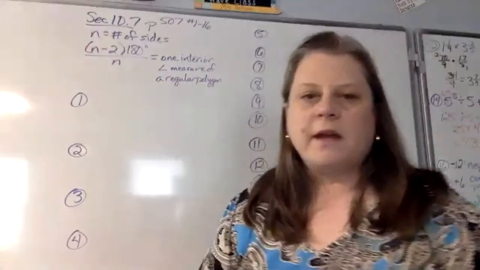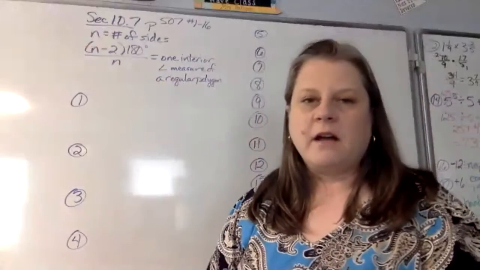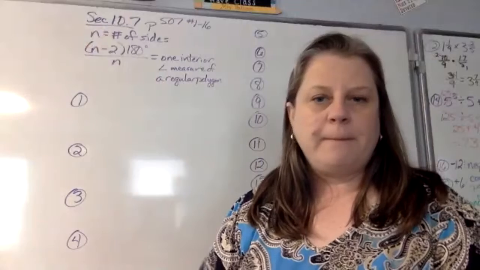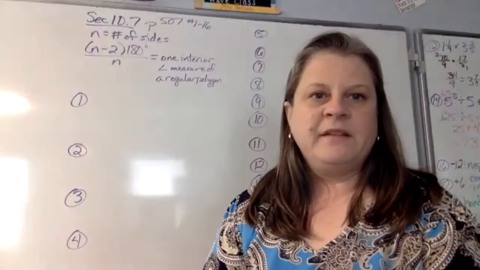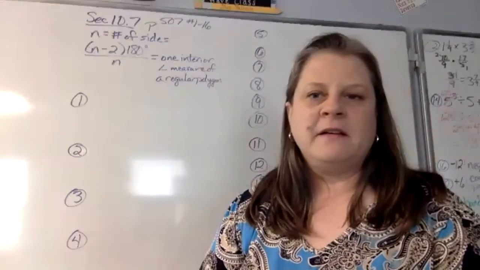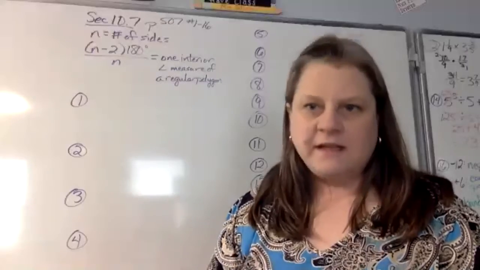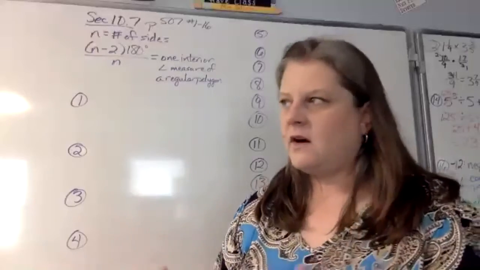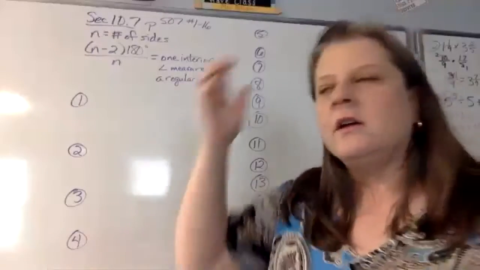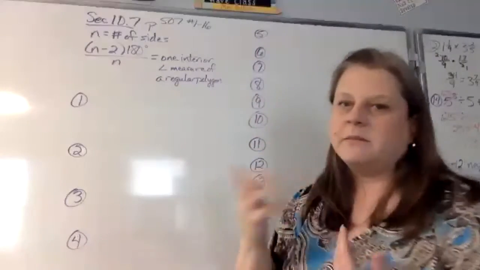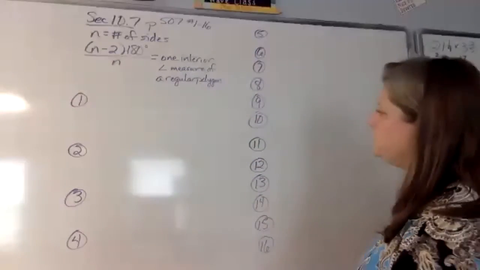So if it's a square, it has 4 sides. Pentagon has what? 5. Hexagon has 6. Heptagon 7. Octagon 8. So you've got the numbers of your polygons, and that's something you should know by now.